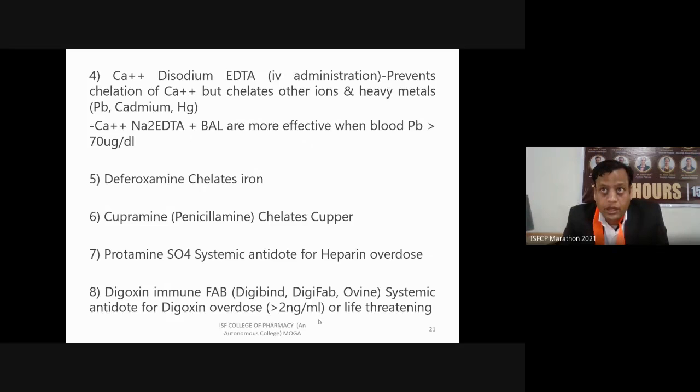Next is digoxin. There is also a systemic antidote for digoxin overdose. FAB, known as Digibind or DigiFab, is generally used for overdose or toxicity of digoxin. If digoxin is greater than 2 nanograms per ml in our body, it may produce toxicity, and this can be reduced by the use of ovine antibody.